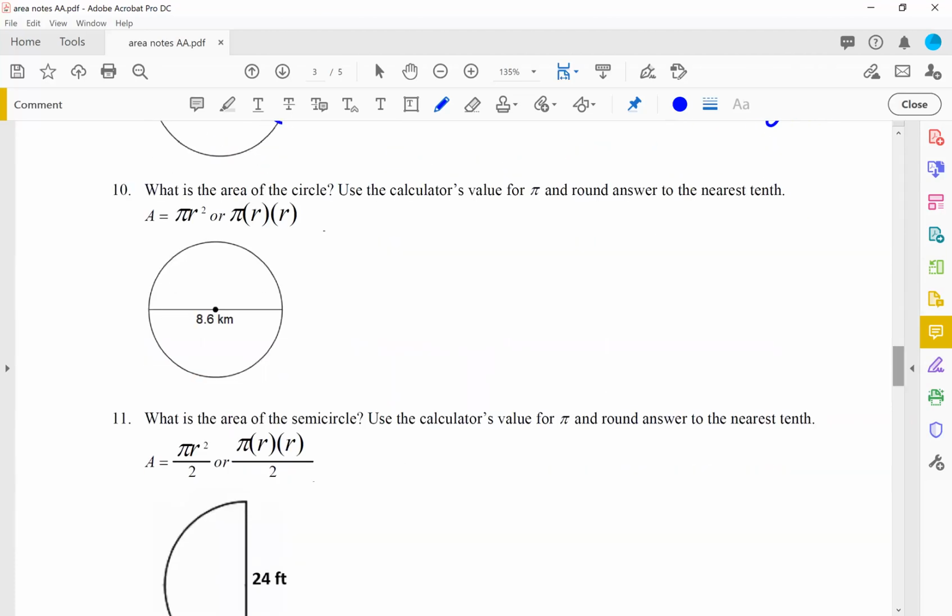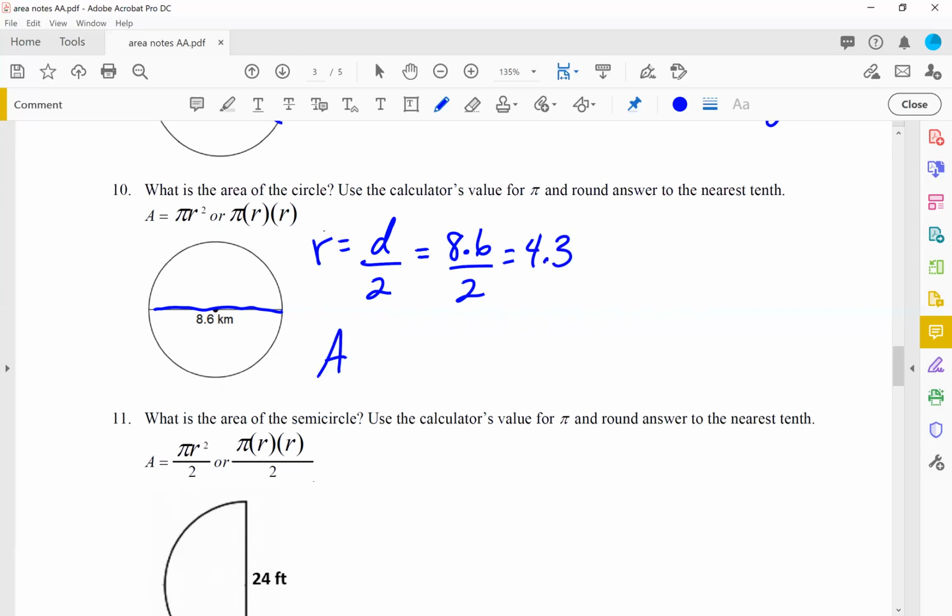Okay, next one. Again, it's a circle. This time though, you see they've given us the diameter because the line's going all the way across. So to find the radius, we have to take the diameter and divide it by 2. So our diameter is 8.6, but take 8.6 and divide that by 2, and you will get 4.3. So that's the radius.